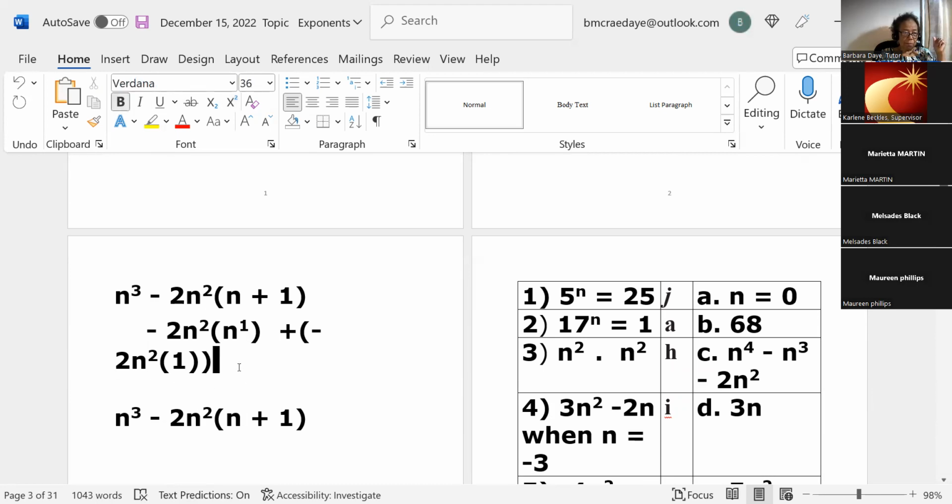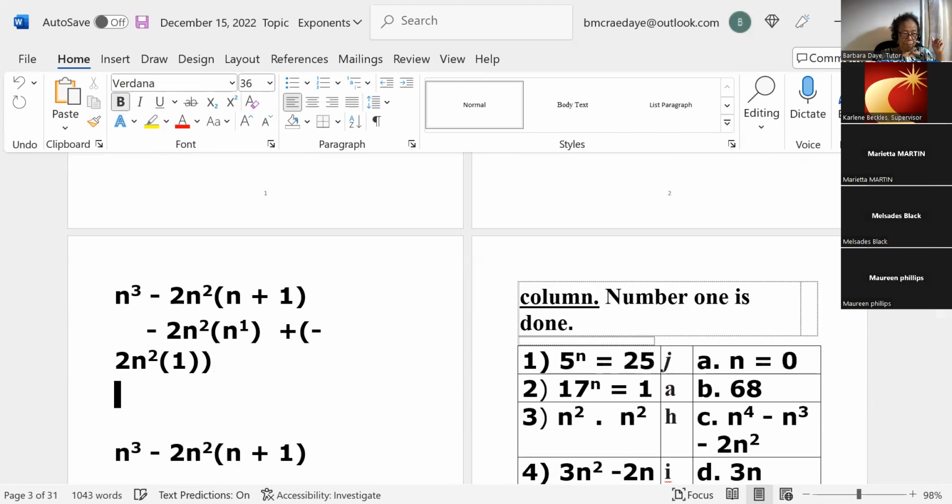There's the coefficient, minus 2. There's a coefficient 1. What's minus 2 times 1? No, minus 2 times the number 1.